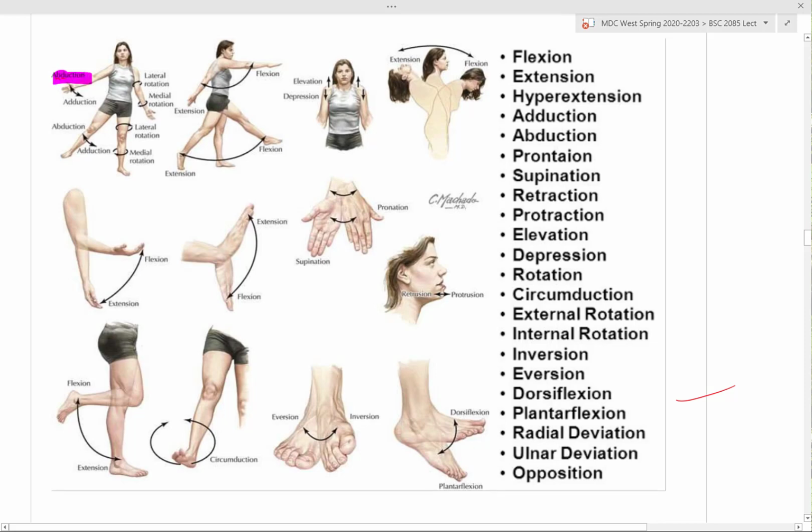That's adduction versus abduction. You have as well as extension. Well, this one is kind of weird. So you have flexion on my head, flexion, extension, and hyperextension. In the trunk, flexion, extension, and hyperextension.